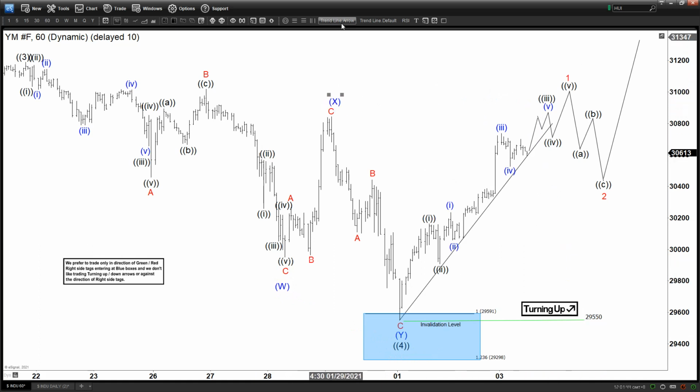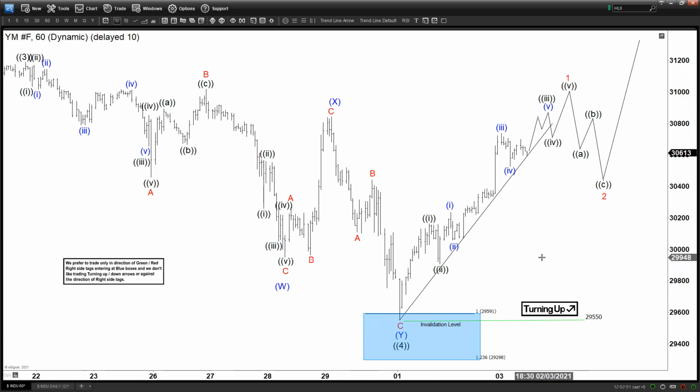But because this overall structure is looking corrective to me, even if it breaks down again, that entire structure from the peak remains corrective.